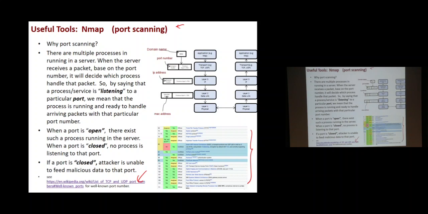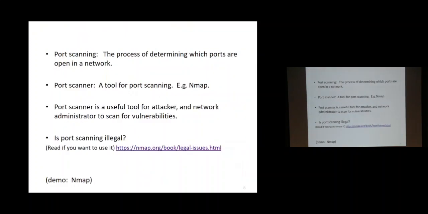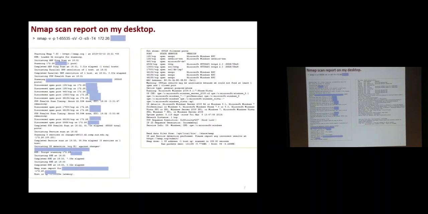So Nmap is this program, written as open source, to put in all this knowledge of how to scan a port. And this is one example. If you run this Nmap, these are the parameters, and you can look up what the parameters mean. Go Google it.